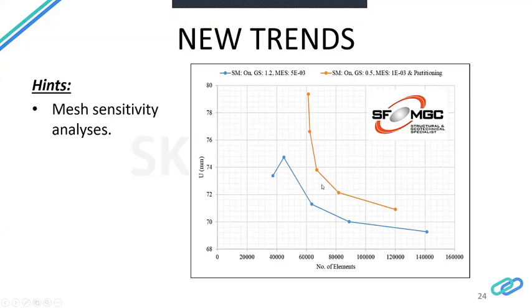As you can see, at approximately 70,000 elements, the line starts to flatten. At 120,000 elements, you have the most accurate results, and at approximately 60,000, you have the least accurate results. So when to use which?